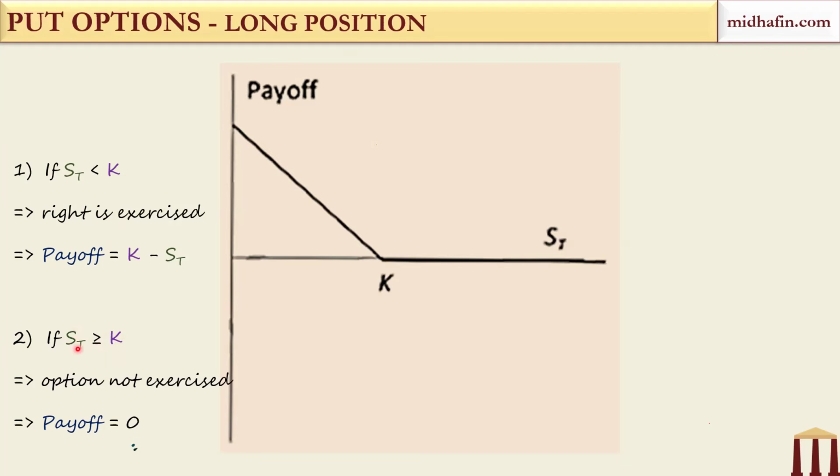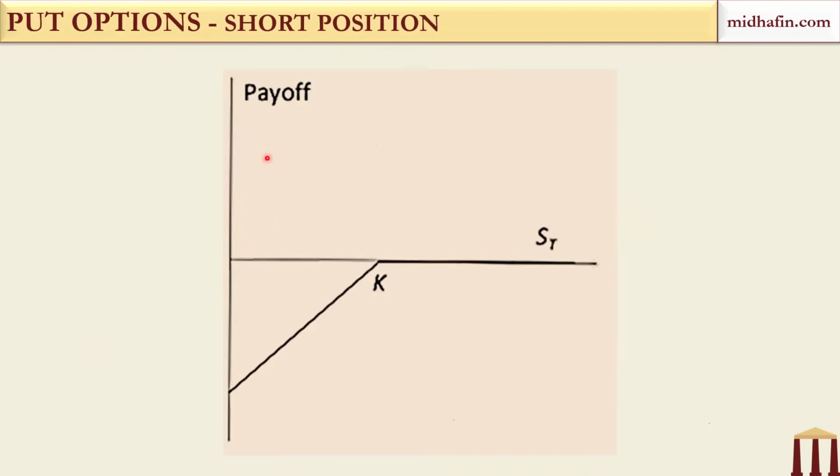Why will the market participant exercise the put option and sell it at a lower price K? So that is why in this zone there is no payoff. If you combine these two, you get the payoff max(K − ST, 0). And of course, to calculate profit, you subtract the premium again. For the short position, this is the opposite structure of the payoff. Payoff is the negative of the payoff of the long position.